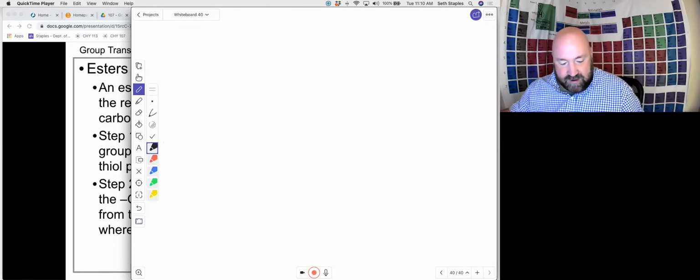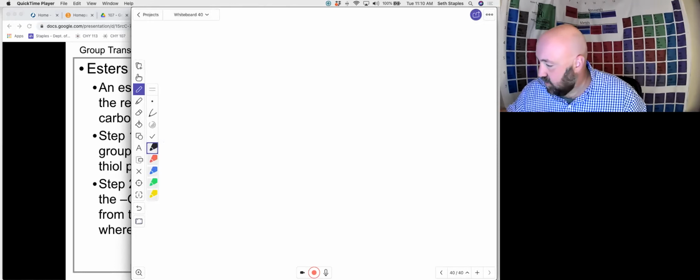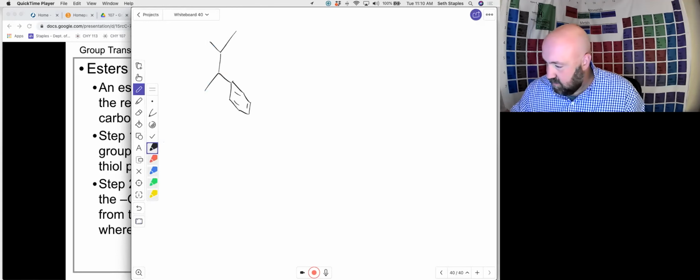So let's say that I have this carboxylic acid here, and I'm going to write it. So here's my carboxylic acid. There's a benzene group hanging off this. Sorry, on my paper I wrote it a little bit differently, so I'm just trying to make sure that I match that up.